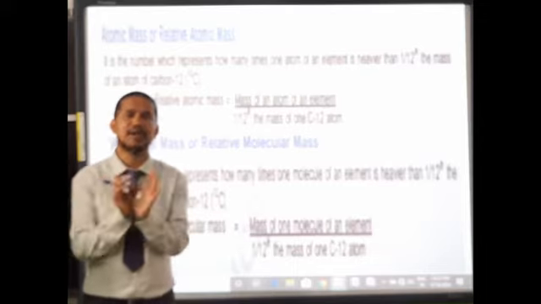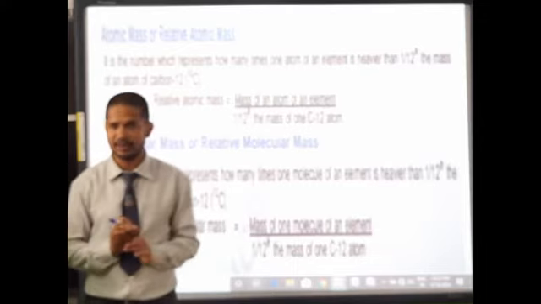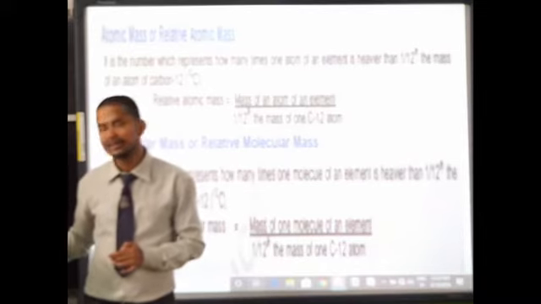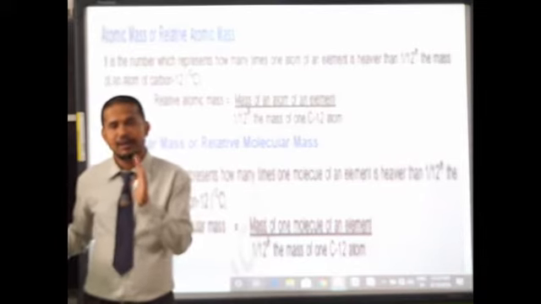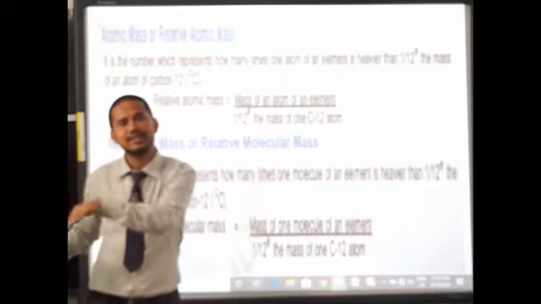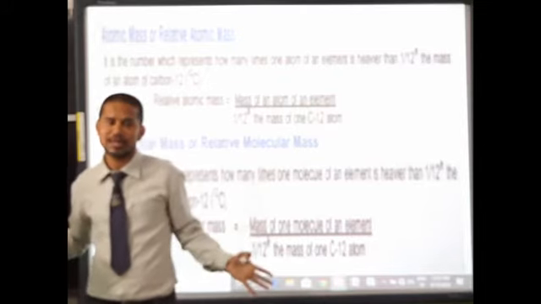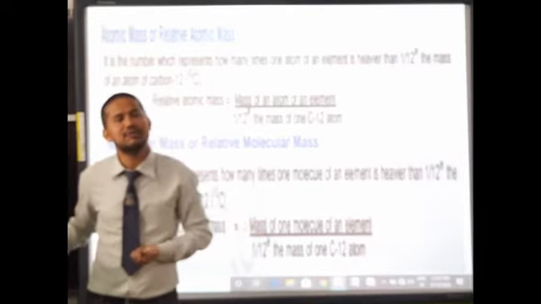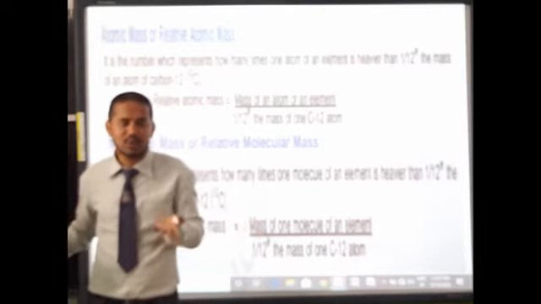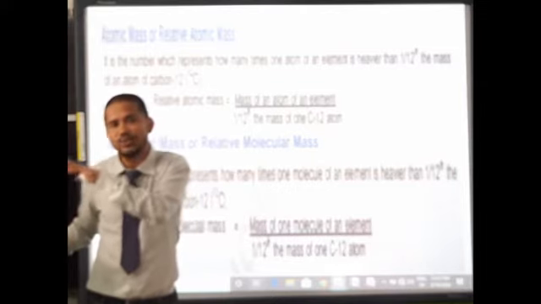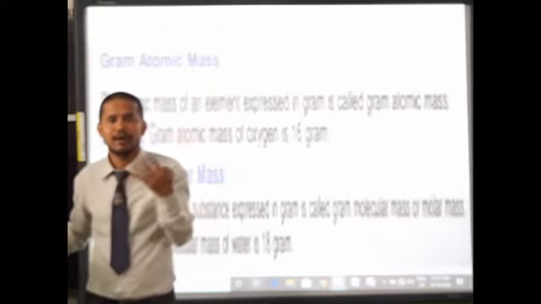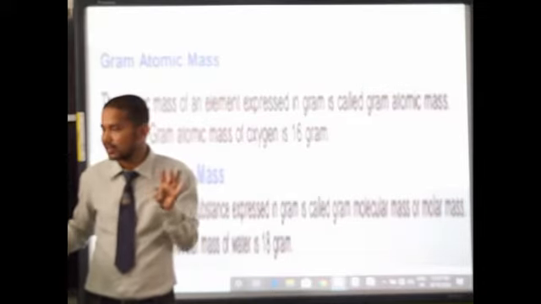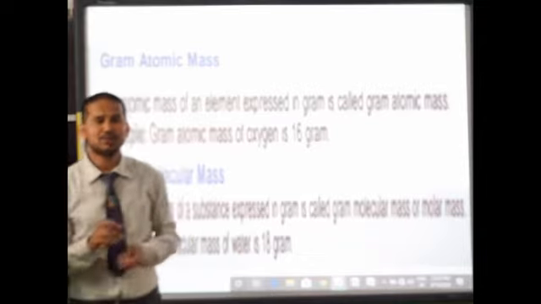Carbon 12 here means the isotope carbon 12. We did relative molecular mass in class 9 also. All these things we need for this chapter, that's why I am repeating it. Otherwise, there is no use of doing revision. We need this to do numericals in this chapter.